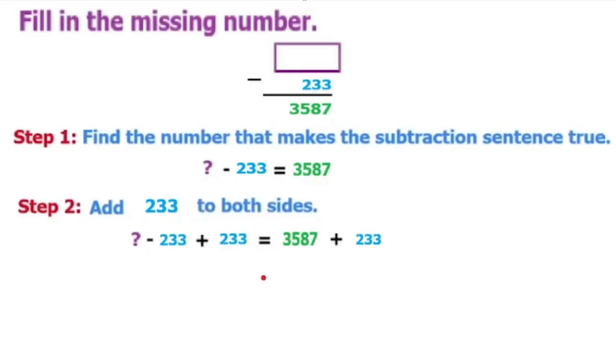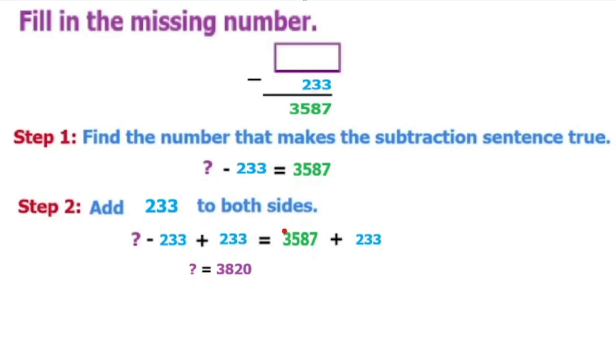So how would that look? So question mark minus 233 plus 233, then we have 3587 plus 233. So if we subtract these from each other, we're left with nothing, right? We're just left with the question mark by itself, which is what we want.